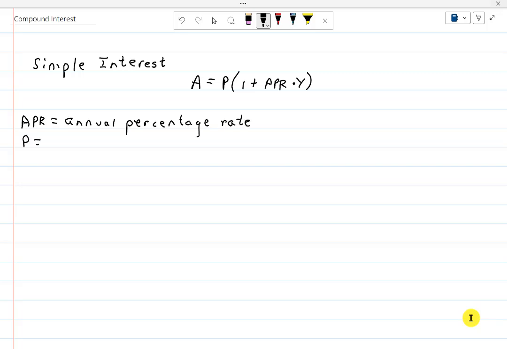P is called the principal. That's how much you deposit initially. A is the amount. Let's call it the account value. And Y is the number of years.